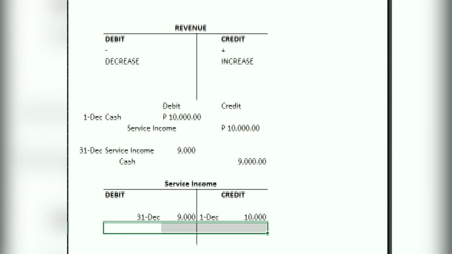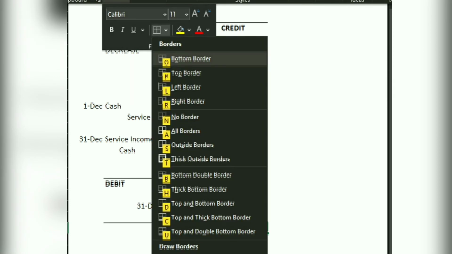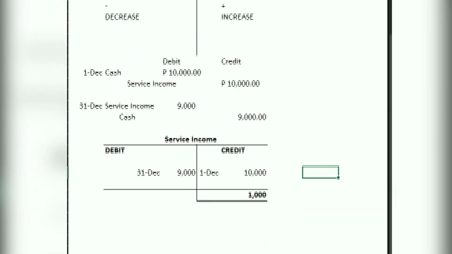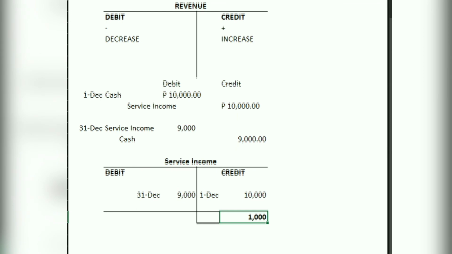Kaya, ang ending balance niya is 10 minus 9 is credit balance of 1,000. So, tama. Kasi the correct amount dito, according sa situation natin kanina, is 1,000. Ayan. To illustrate na ito yung net balance na 1,000.